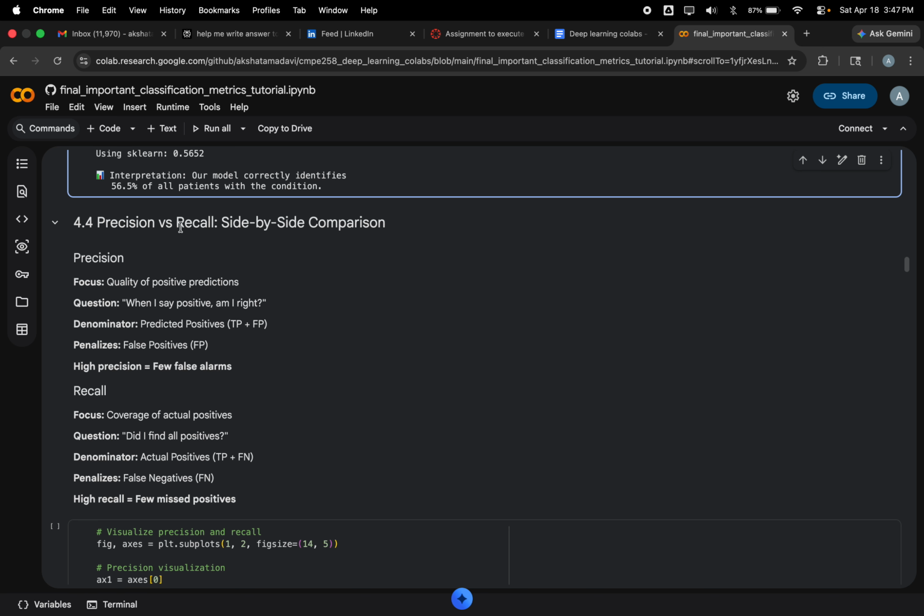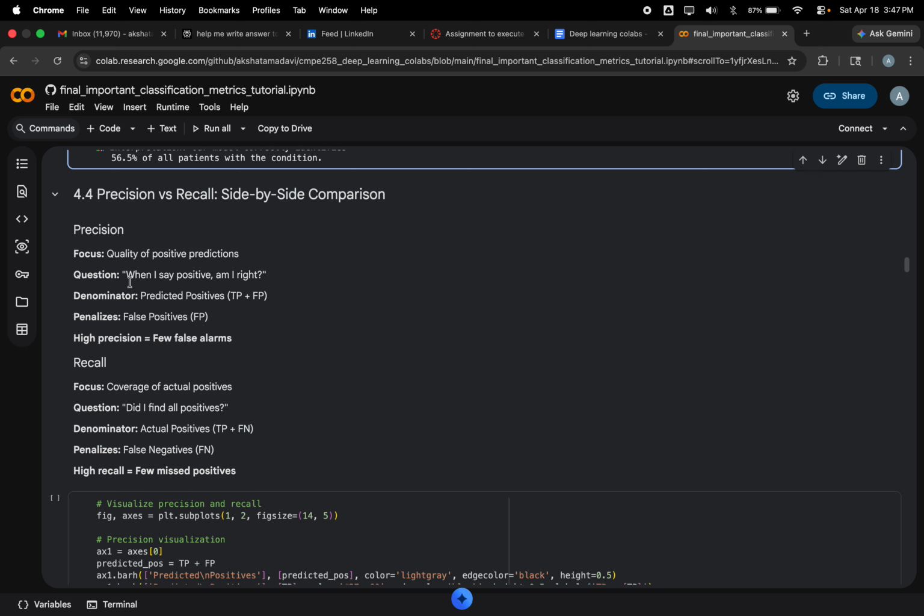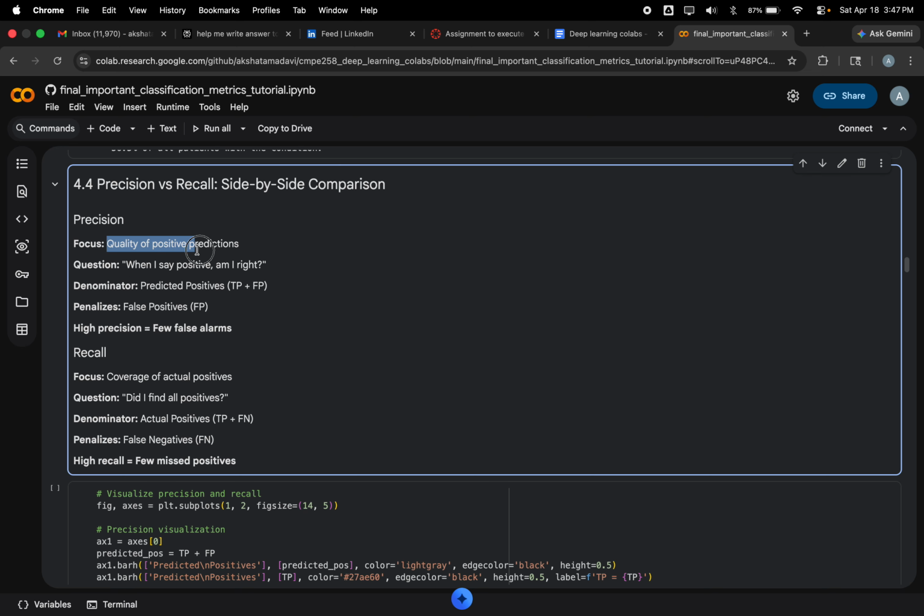Now let's look at precision versus recall side by side, because they can be very similar and confusing. Precision is the quality of positive predictions: of all the positive predictions I have made, how many were correct. It penalizes false positives, so high precision means very few false alarms. Recall, on the other hand, is coverage of actual positives.